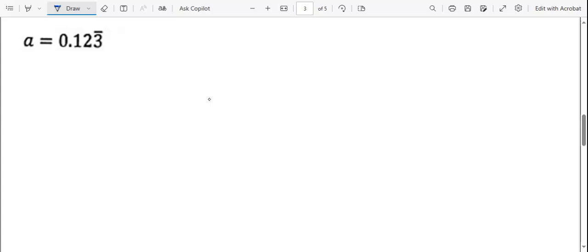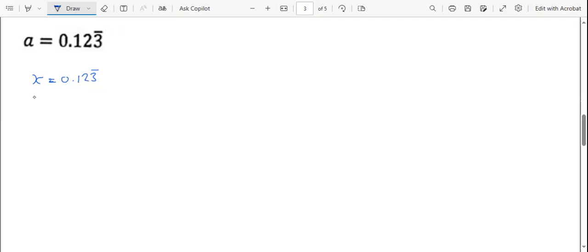Also this one, let me say x is equal to 0.123 bar. I said make sure that the independent number comes to your left. That will be your equation 1. I can only bring these two numbers, 1 and 2, to the left if I multiply by 100.